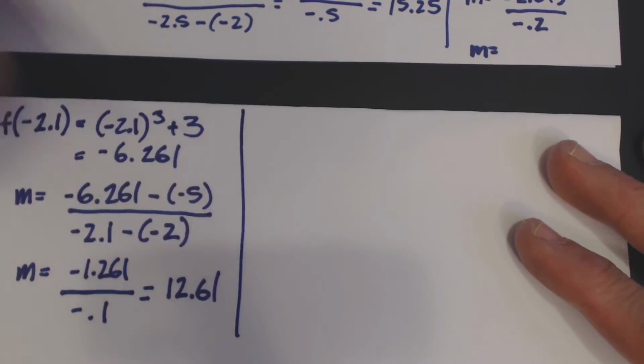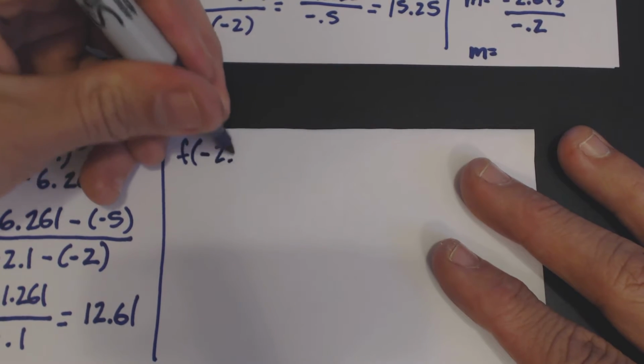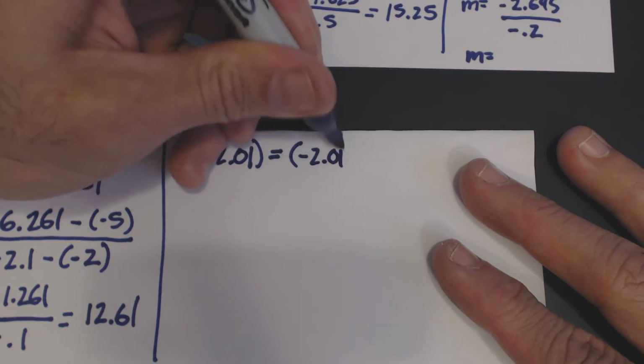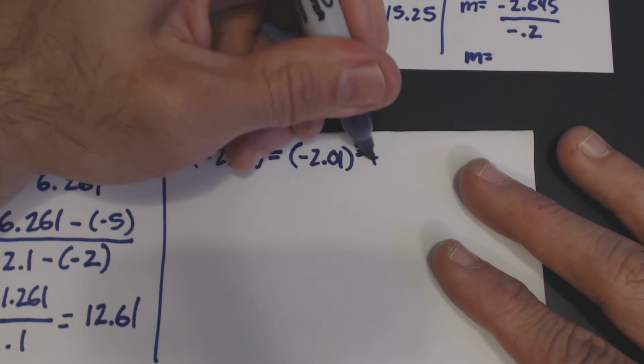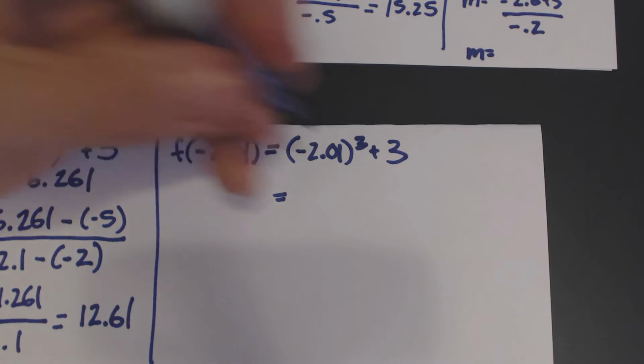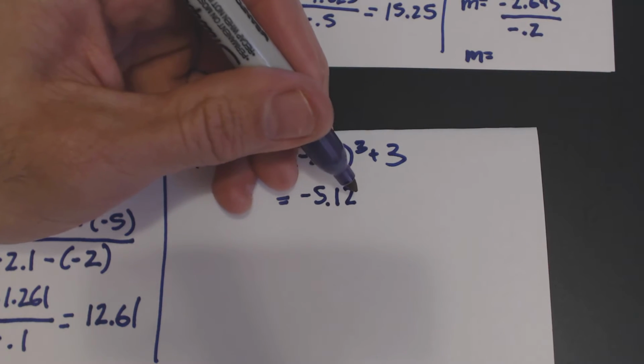Let's keep going here. f of negative 2.01 is going to equal negative 2.01 cubed plus 3, which equals, plugging 2.01 into the calculator, raising it to the power of 3, negative 8.1206 plus 3 equals negative 5.1206.